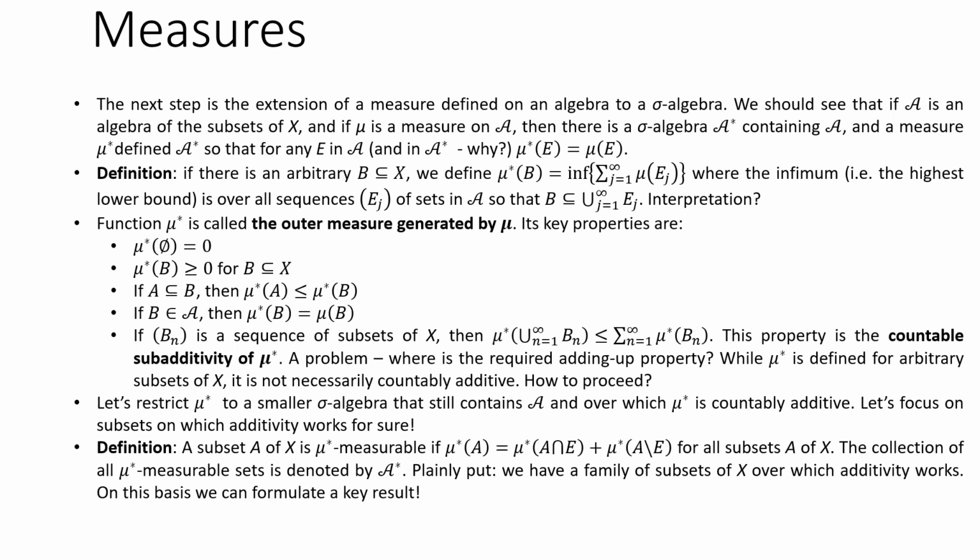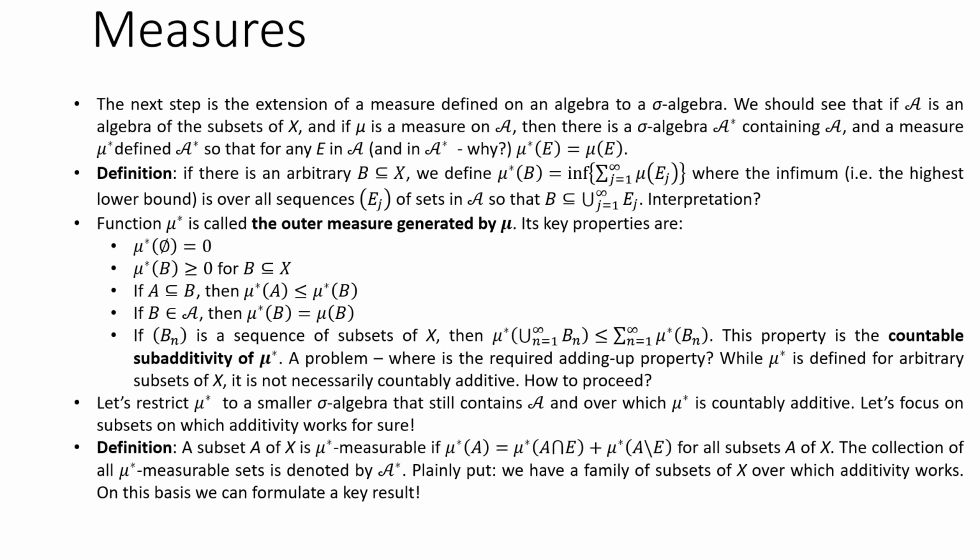What family of subsets, what sigma algebra is the most appropriate? If we are smart, and let's be smart, we can find a sigma algebra that ensures that the adding up property works. Let's focus on the subsets on which the additivity works for sure. So a subset A of X is mu asterisk measurable.